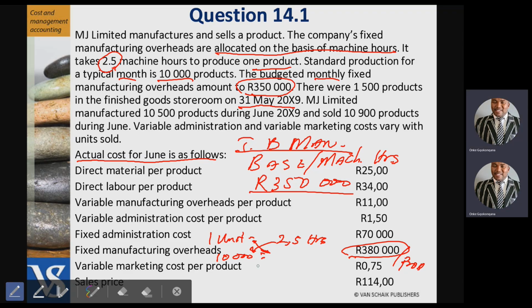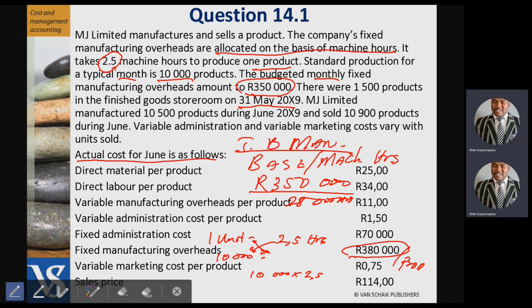So the best way to do this is in your cross multiplication, it will end up being 10,000 times 2.5, so that you can establish how many hours in total. Then you'll say okay, it's 25,000 hours.